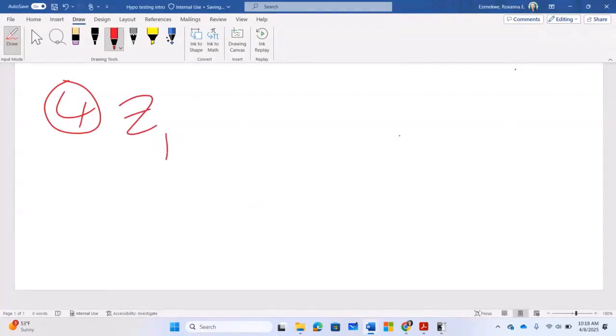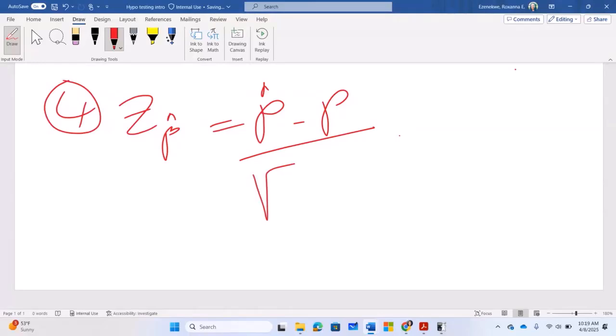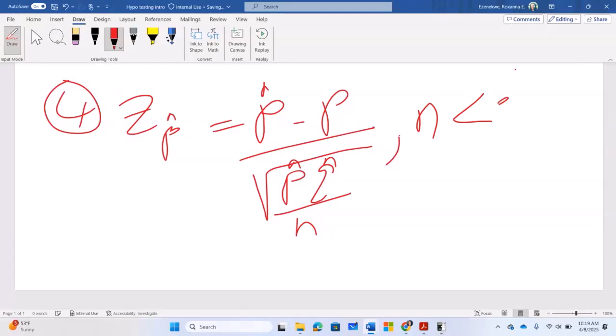This is Z equals P hat minus P all over the standard error, assuming the conditions are met. So P hat, Q hat, divided by sample size, where the conditions are met: N is less than 5% of the population, and NPQ is greater than or equal to 10.